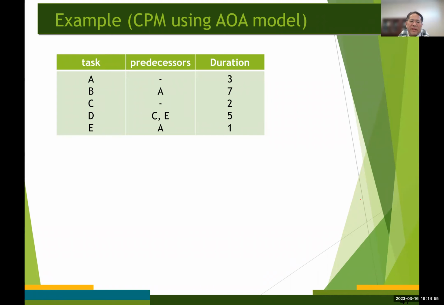Just to let you know, to apply the critical path method, we need a list of activities that make up the project together with the precedence relationship and the activity durations, right?